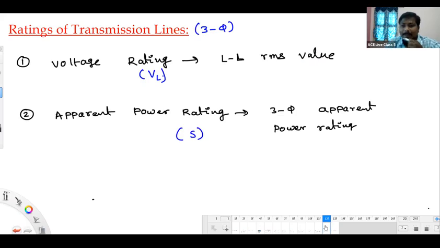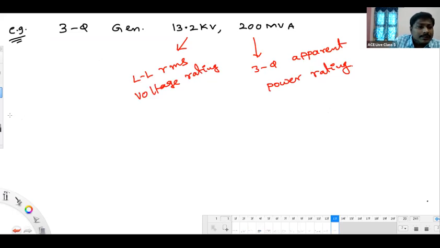See, apparent power, and we have another term, complex power also. I will try to give a relationship between them, apparent power and complex power. First, complex power.